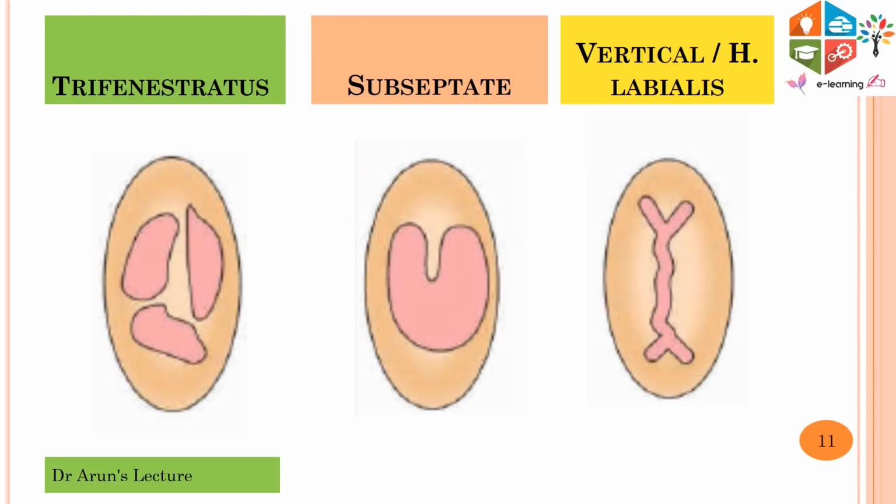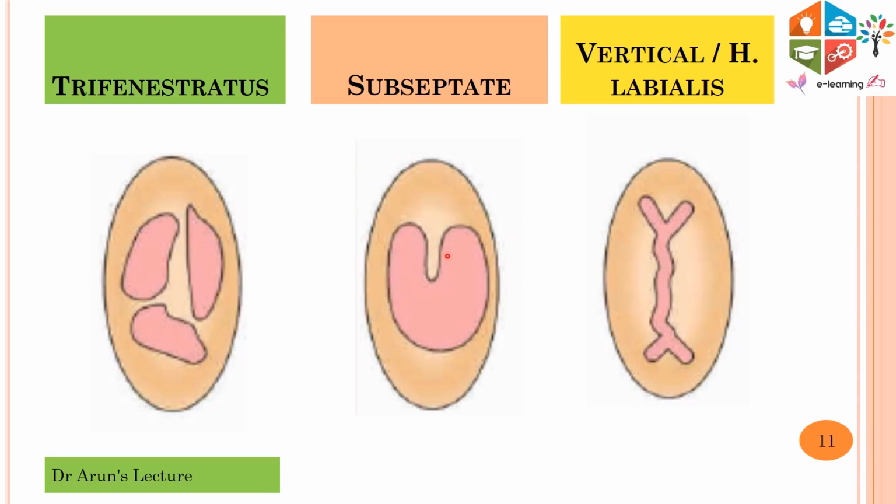Then trifenestrated, where the hymen has three separate openings. And in the case of a subseptate hymen, the opening is partially filled by a septum growing out on one wall but not reaching the other.